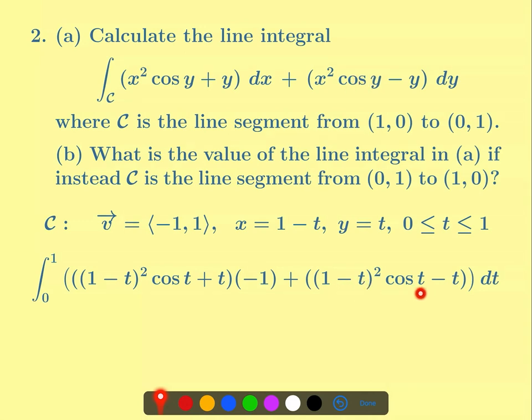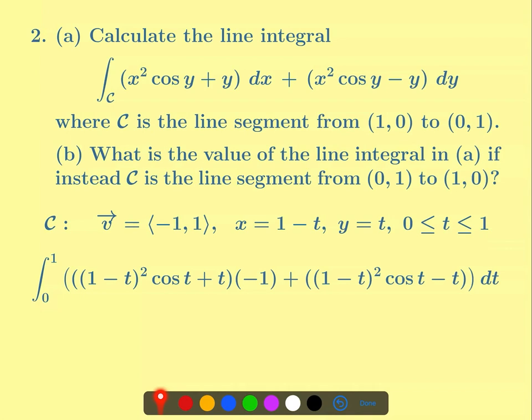Cosine of y is cosine of t, because y was t, and then minus t. And now we want dy. Since y is t, dy is dt. So we've just replaced x with 1 minus t and y with t, and take t between 0 and 1. And now we're ready to solve this.